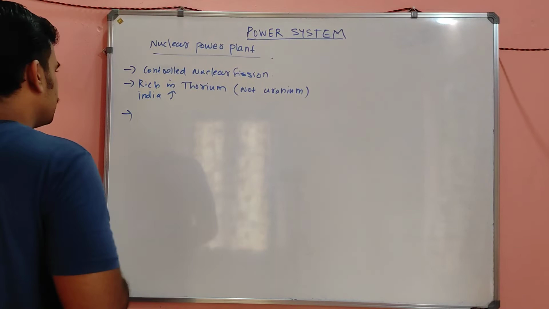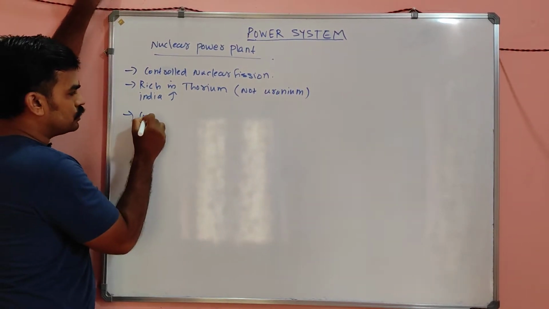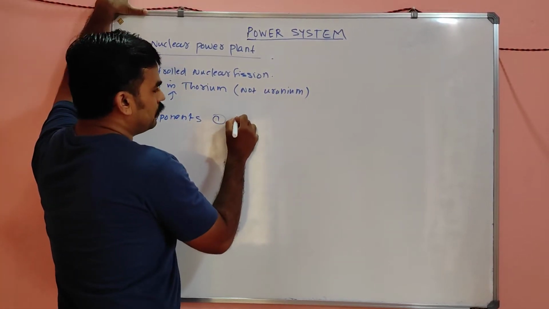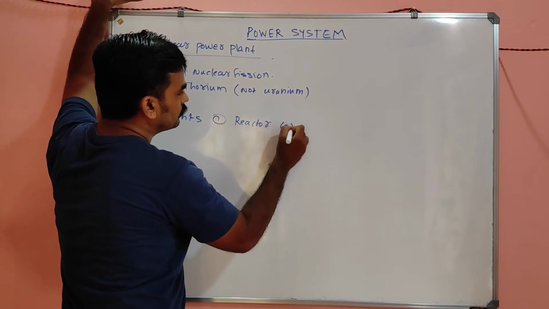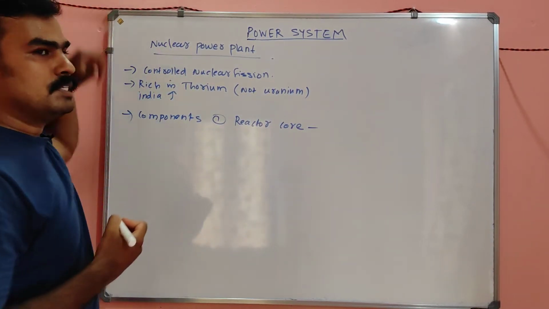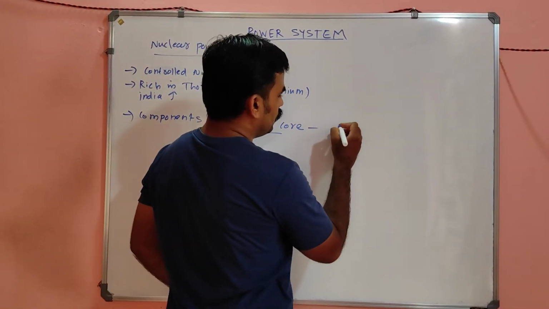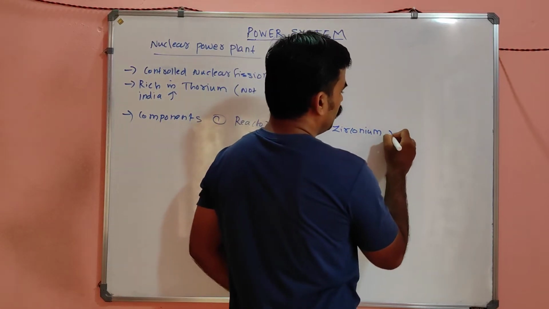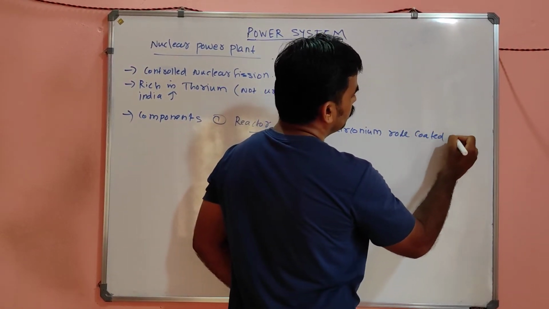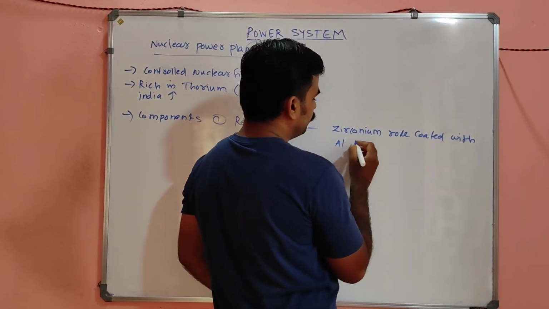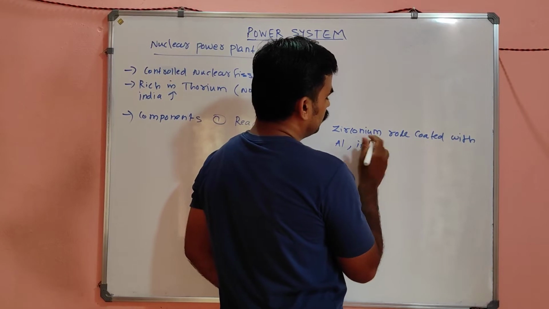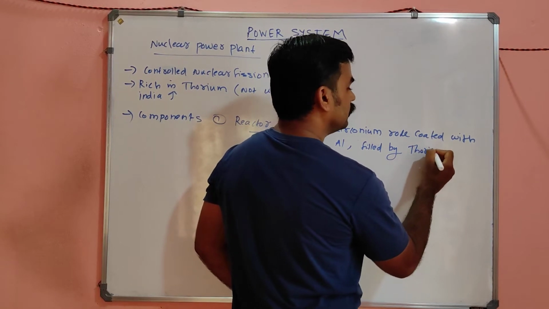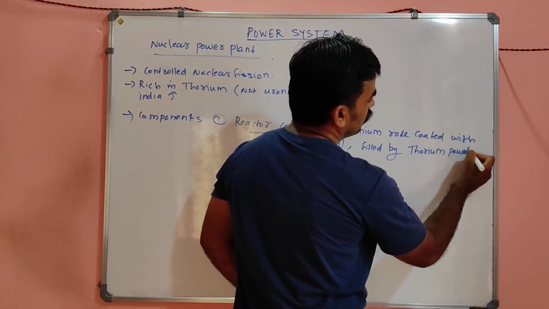And what are the components of the nuclear power plant? Briefly I am saying, my dears, not deeply. First one, reactor core. The reactor core consists of a zirconium rod coated with aluminium, filled by thorium powder inside.